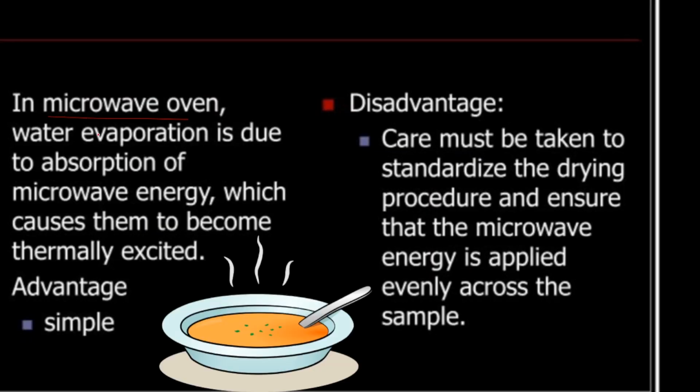In microwave oven, water evaporation is due to the absorption of the microwave energy, which causes them to become thermally excited. Advantage is it is a simple method, and disadvantage is care must be taken to standardize the drying procedure and ensure that the microwave energy is applied evenly across the sample.